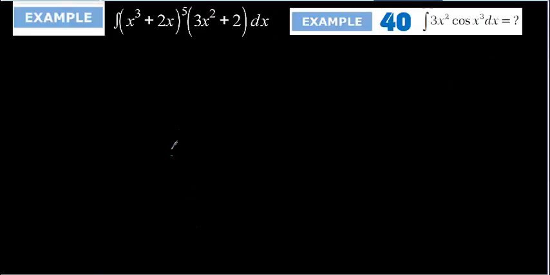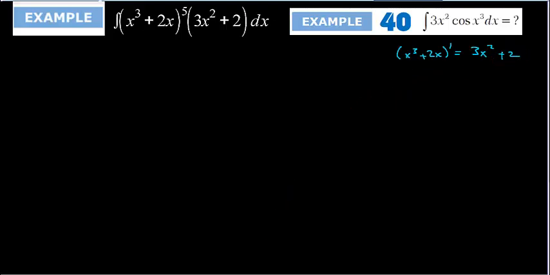Okay, now here there are two terms, as I understand, with one of them having the power 5. That's why what is written in that power, I think, is going to be the u, and I am looking for the derivative, and I see the derivative is also here, because the derivative of x cubed plus 2x is going to be equal to 3x squared plus 2.